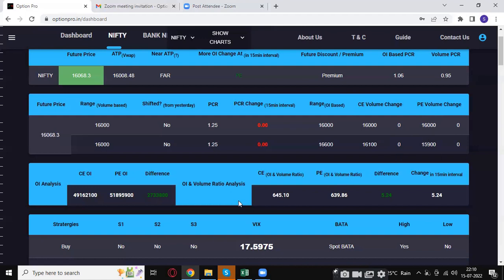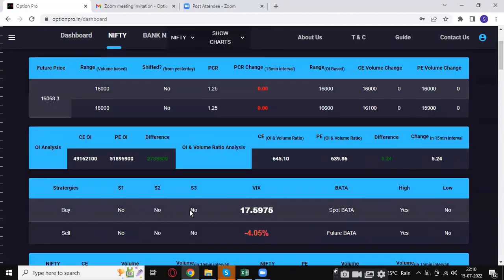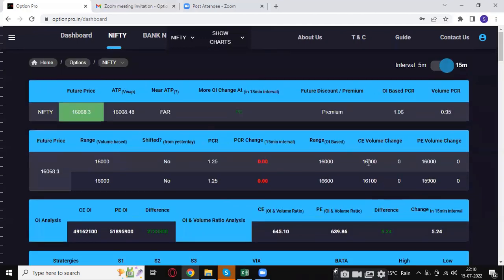I will explain this again. We have given this in detail here, so I will explain this here also, right? You can see that in a simple way, if the volume change in 5 minutes or 15 minutes is happening more on the upside of the current range, the current range for the PE is 16,000.